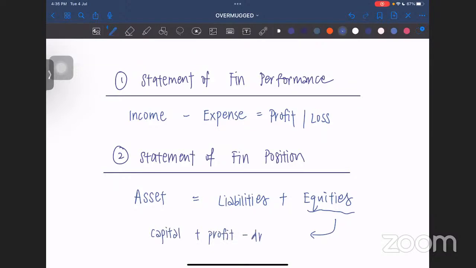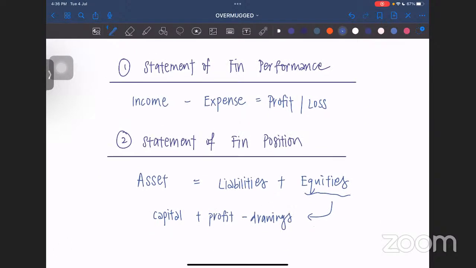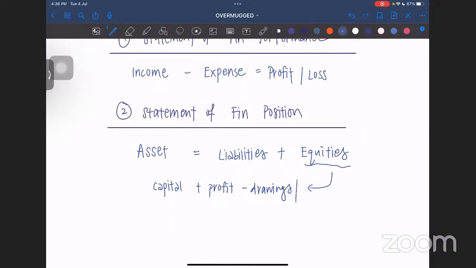If it's a company, then it will be the retained earning plus profit minus dividend, and the share capital part. So it depends.